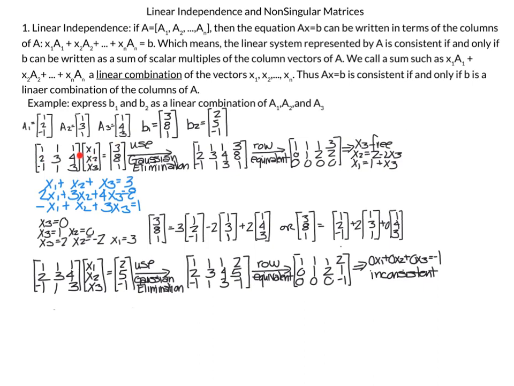The second row times the column gives 2x1 plus 3x2 plus 4x3 equals 8. The last row times the column gives minus x1 plus x2 plus 3x3 equals 1. Remember, this is the system of linear equations represented by this matrix.